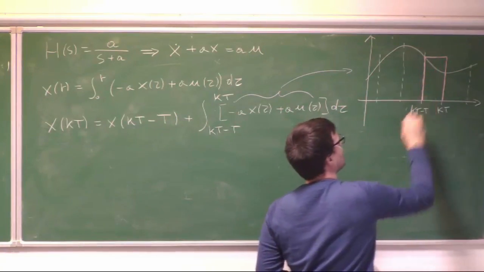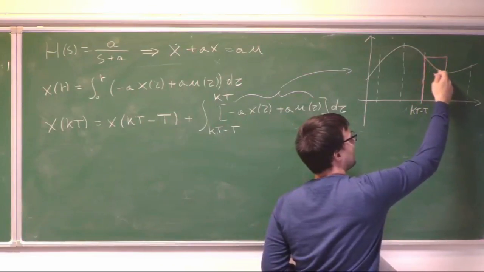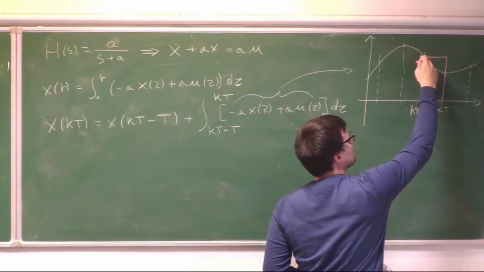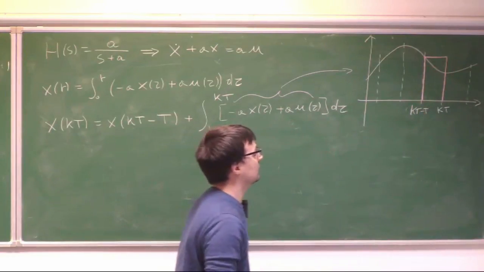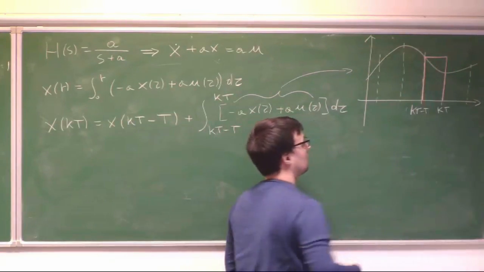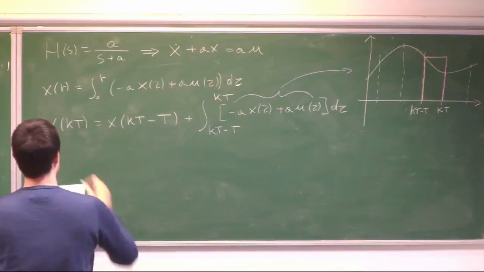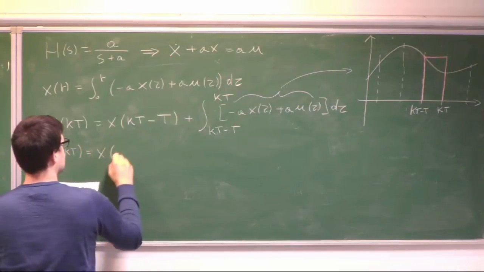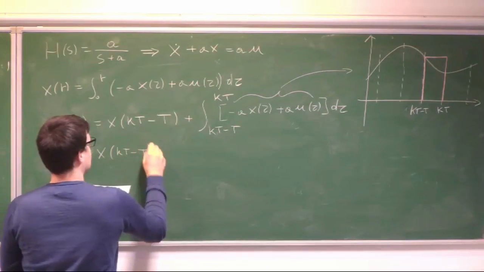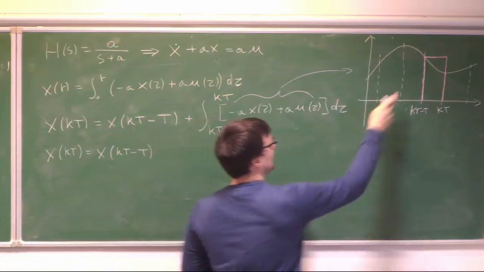And we compute this integral in this way, okay? So the area below this curve is approximated with this rectangle over there, okay? So if we do so, we have that x of kT is equal to x of kT minus T, and then we approximate this integral basically in this way.